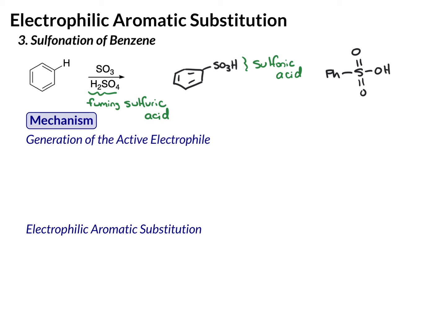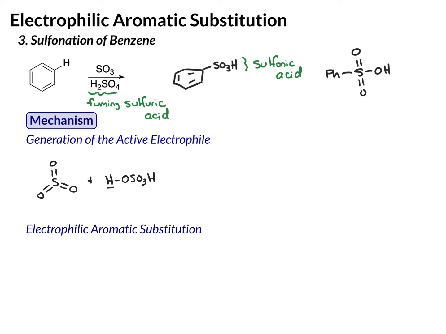For the mechanism, the first part is generating the active electrophile. And what we do is we start with sulfur trioxide, and we mix that with sulfuric acid. And that provides a proton.